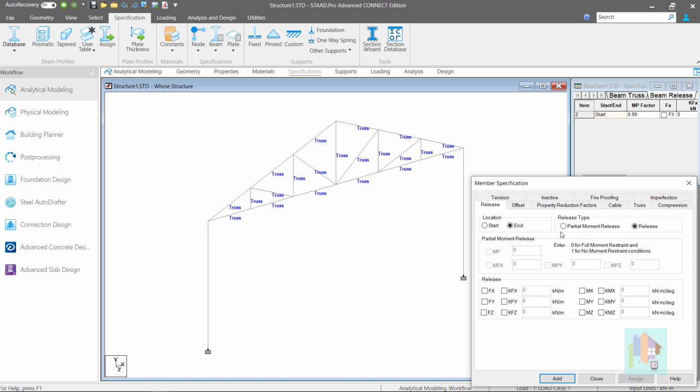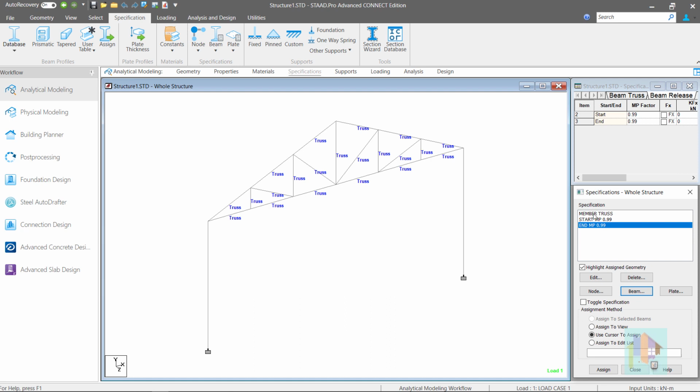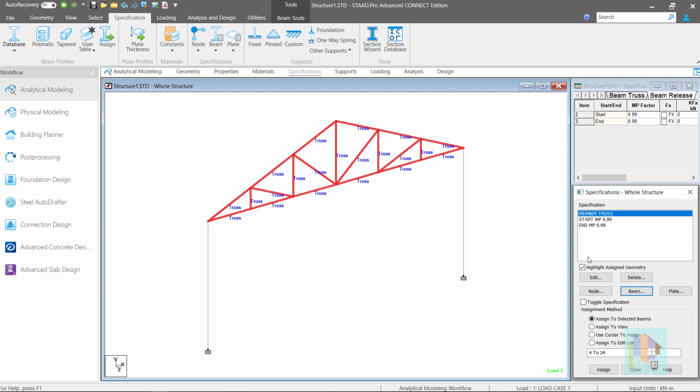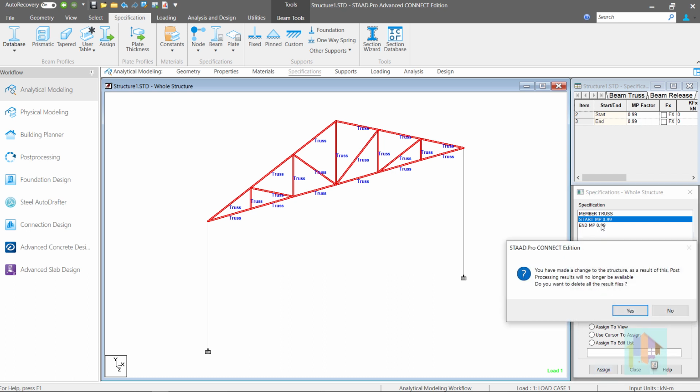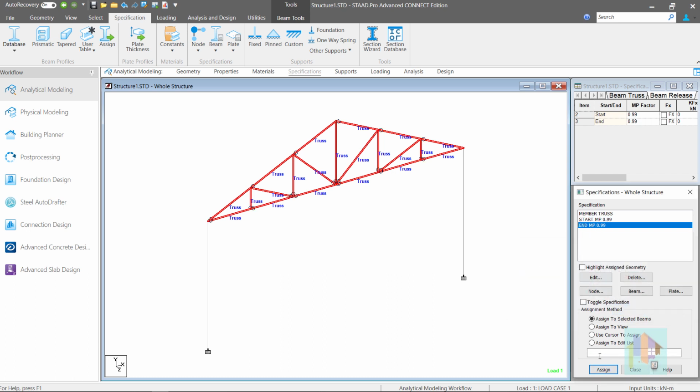MP 0.99 means the bending and torsional stiffness are 99% less than what they would be for a fully moment resistant connection. We have released 99% of rotational stiffness, and the rest 1% stiffness might be adequate to allow the load to pass through the node from one member to the other.